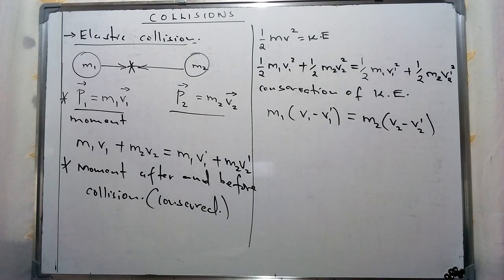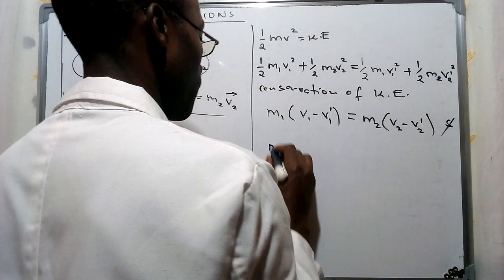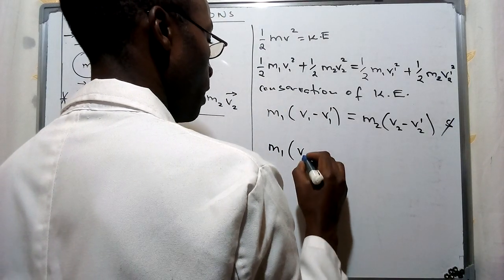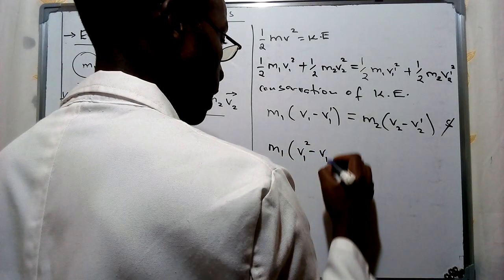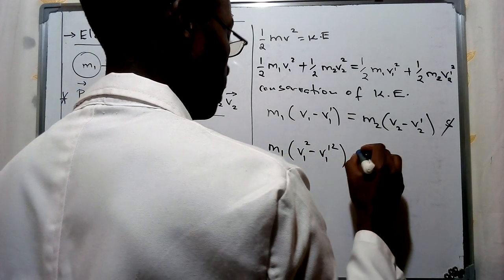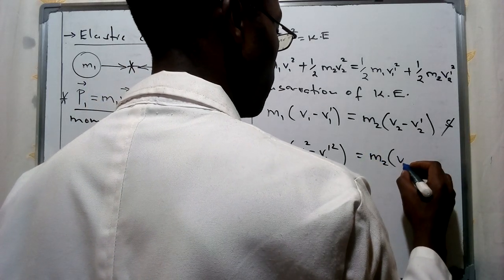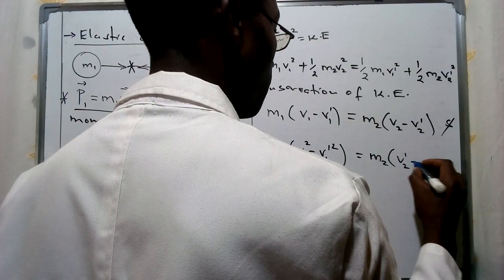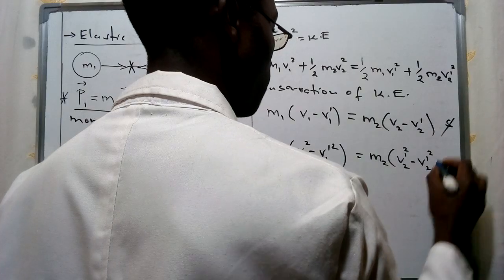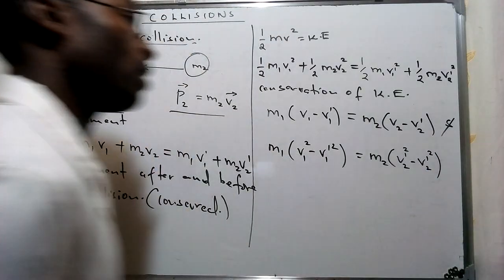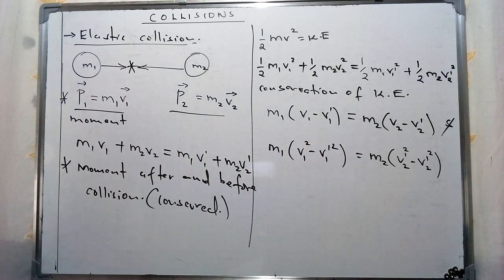And this is the same for the kinetic energy, which we have described as m1 into v1 squared minus v1 prime squared, equivalent to m2 into v2 prime squared minus v2 squared. So these are the respective squares for kinetic energy of those two components, mass 1 and mass 2 respectively.